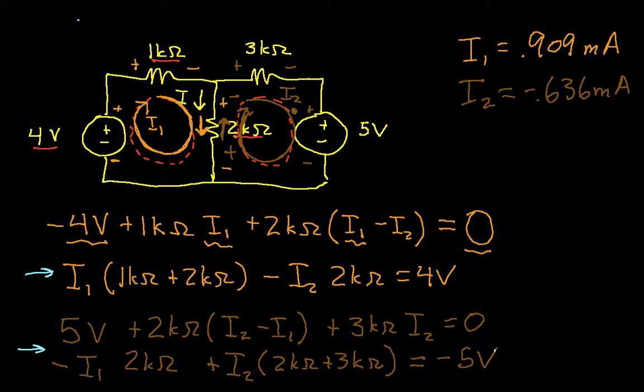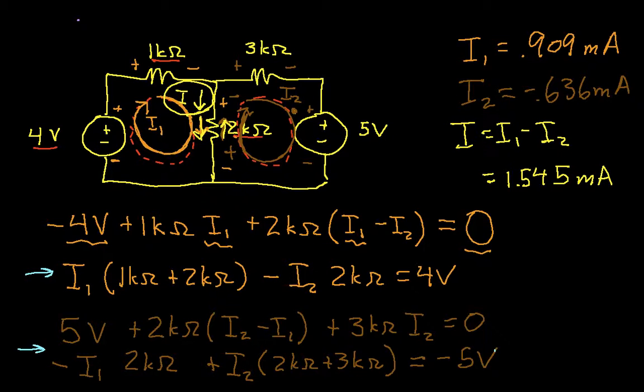So for example, in the original circuit I had drawn this I, and so if I want to find what that current is, well, if we look at it, I is equal to I1 minus I2, because I have I1 going this direction, I2 going this direction, and so I could work that out and get that it is 1.545 milliamps, if I've worked that correctly.